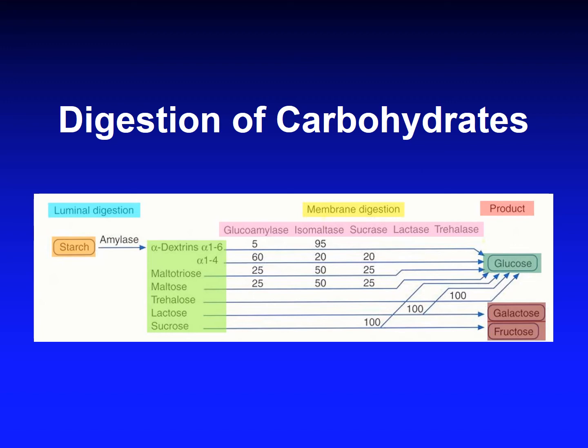Now, after you get the alpha dextrins and maltotriose and maltose, trehalose, lactose, sucrose, any product, it's going to go to the membrane. And at the membrane level, you have a special digestive enzyme that is attached to the membrane of the apical cell, the enterocyte.